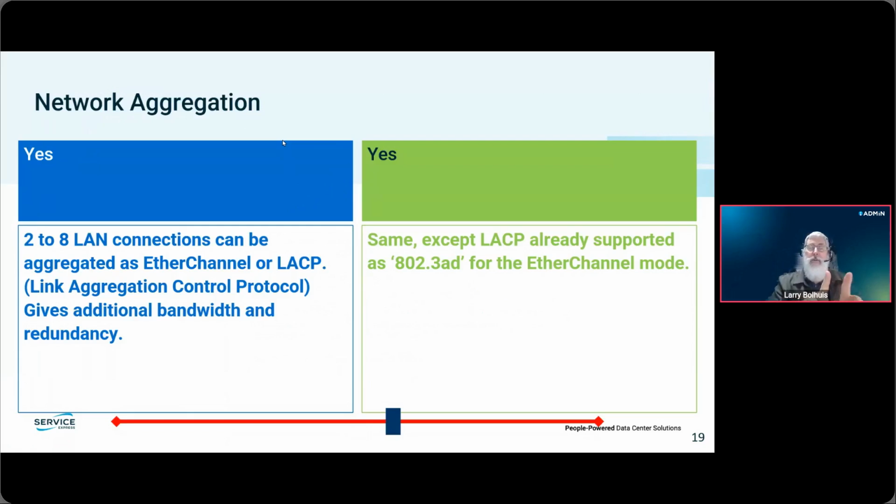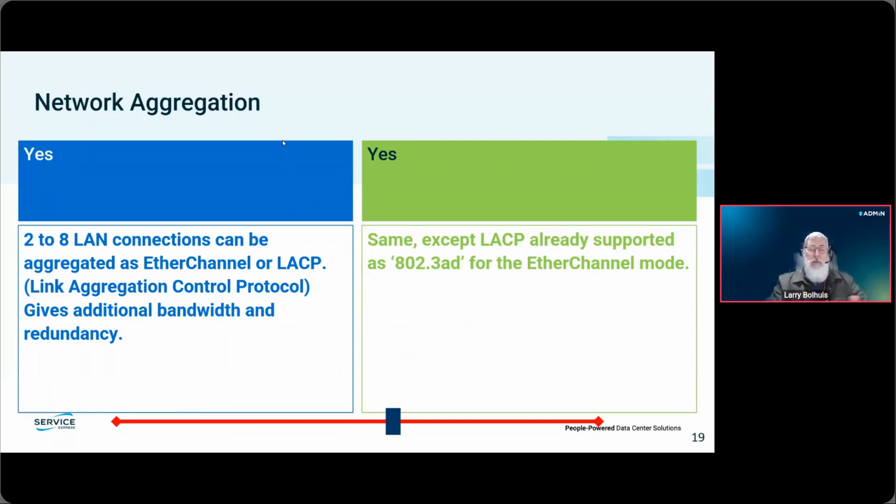So let's say you had 2 gigabit ports and you logically connected them. You would logically have about 2 gigabits of throughput. Bonus. You would also have some redundancy there. So if one of those cables got pulled out or somehow a port failed for any reason, the other cable takes over all the traffic. And so I get redundancy there.